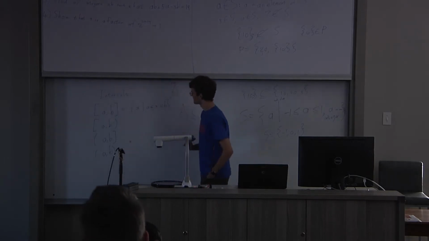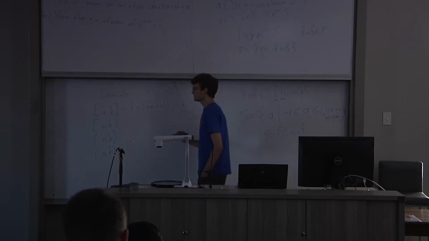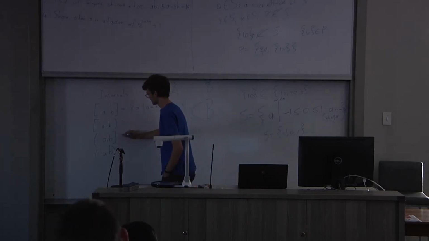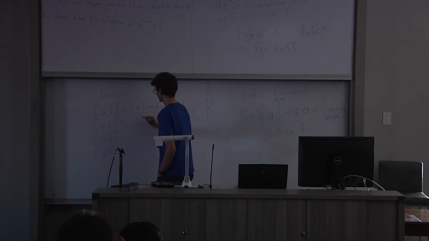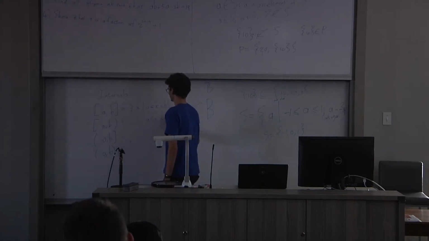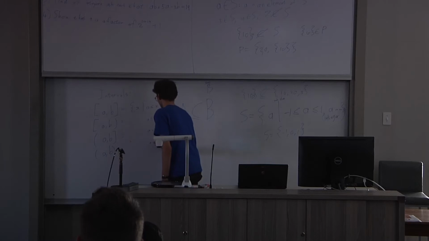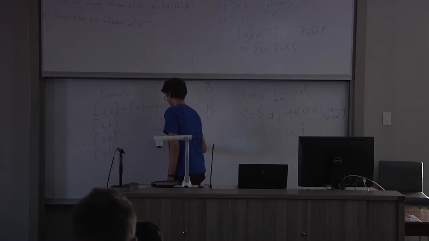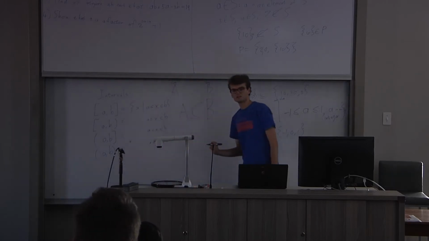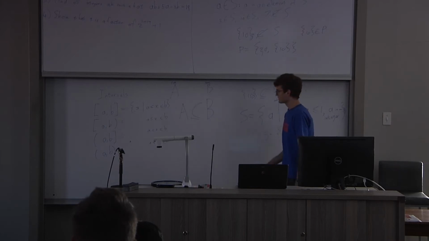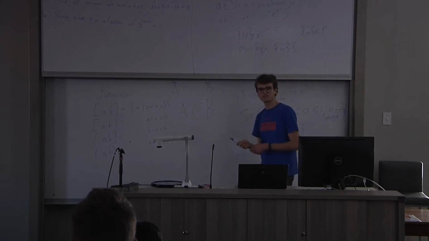Exactly. Now, for the others, they're all almost exactly the same, except here it's A less than or equal to X less than B. Here it's A less than X less than or equal to B. Here it's A less than X less than B. Okay? It's sometimes important to know the distinctions between these.